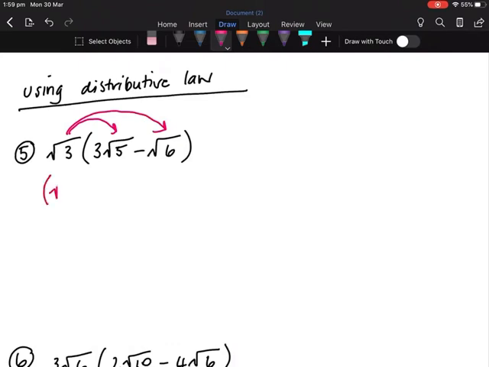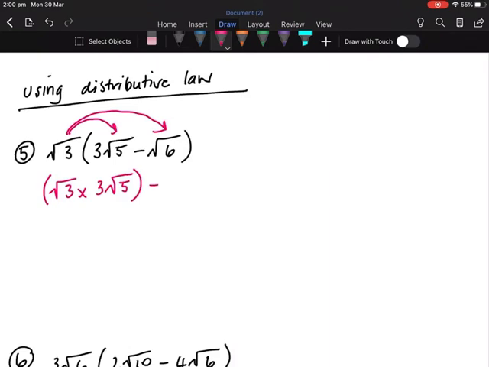So what I'm doing is the square root of 3 times the square root of 5. That's the first one here. And then the second one is the square root of 3 times the negative square root of 6. I think the easiest way to explain this might be to put the negative here.